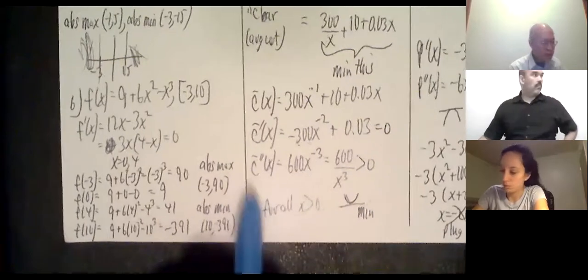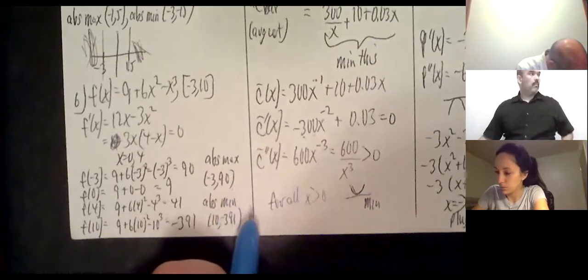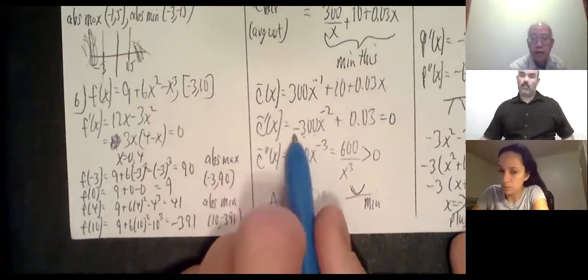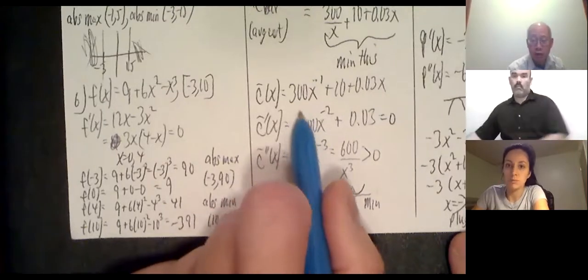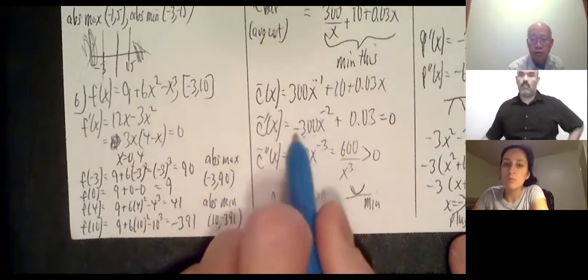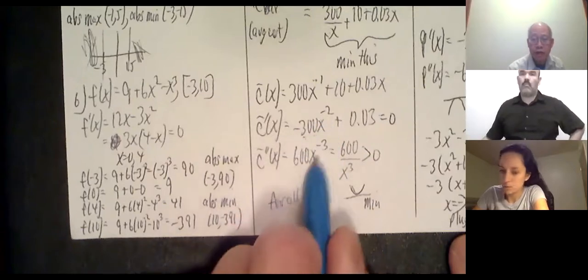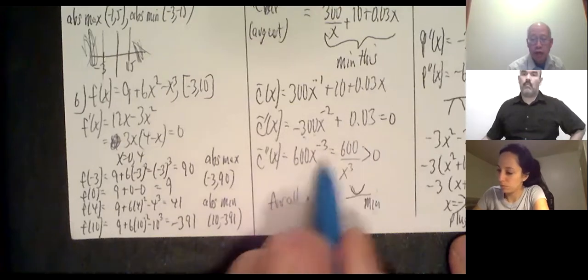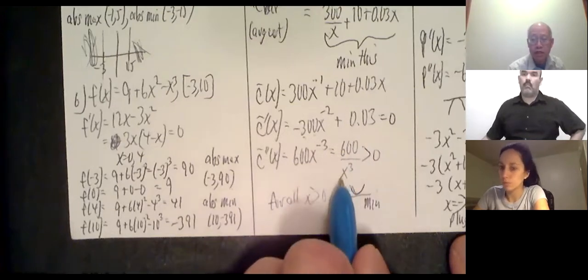But I'm going to do the second derivative while I'm at it. So the derivative of the derivative: -2 times -300, 600, X to the -3. Derivative of that is 0. I can rewrite that as 600 over X cubed.